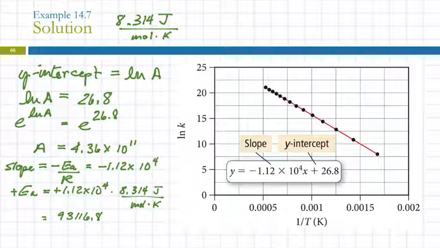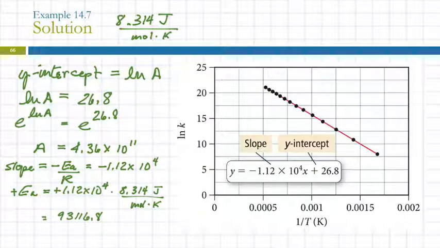Now, what are the units on that? We're pretty sure joules should be in there, right? Because it's an energy. But what about the mole and the Kelvin? Well, does that slope have a unit? It would be the units of y, the rise, divided by the units of x, the run, rise over run, right?